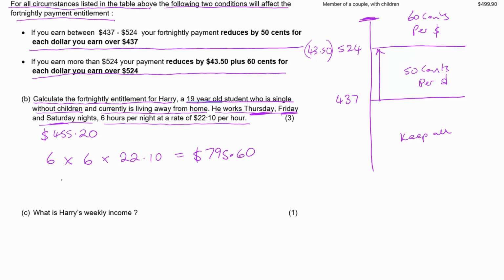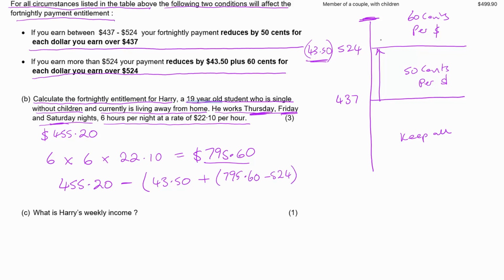So how much is it going to reduce? The amount he's going to get is $455.20 take away $43.50, and he earns $795.60. So we need to do $795.60 take away 524.